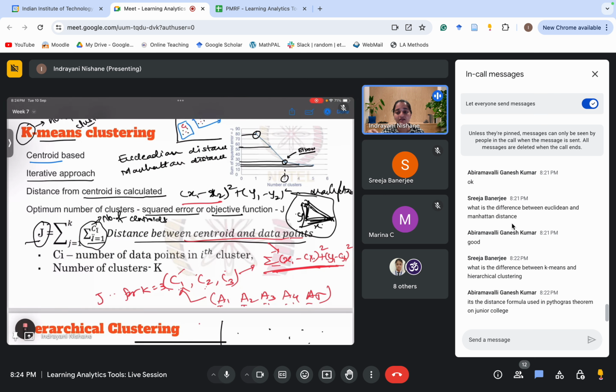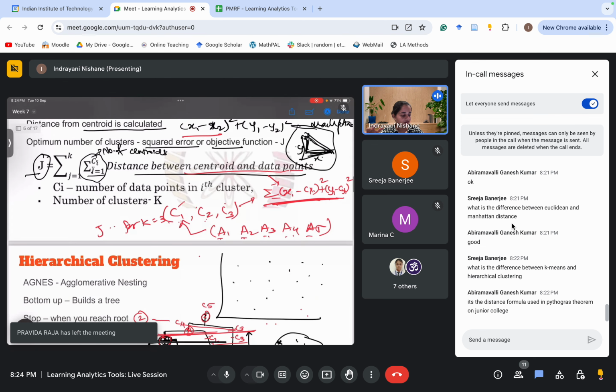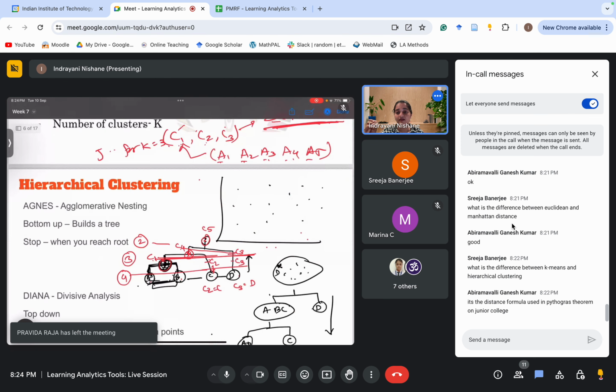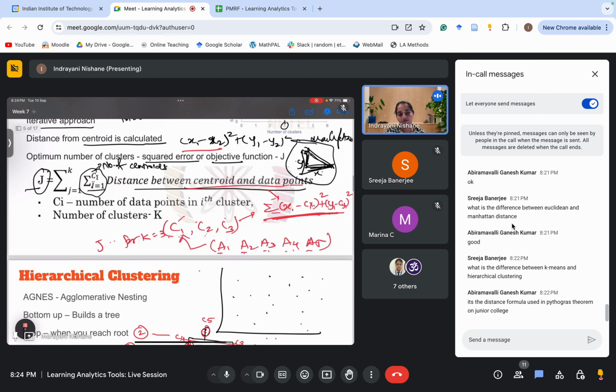In hierarchical clustering we start either with every data point as a single cluster or all the data points as one cluster, and then we go top down, we divide, or we build up, clubbing the closest data points together and we go up. That's the difference between hierarchical clustering and k-means clustering.